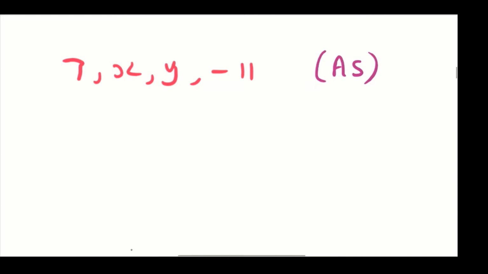So for us to do that, we must use the constant difference to find the values of x and y. Before I write, let me just label my terms. This is term number 1, term number 2, term number 3, and term number 4.